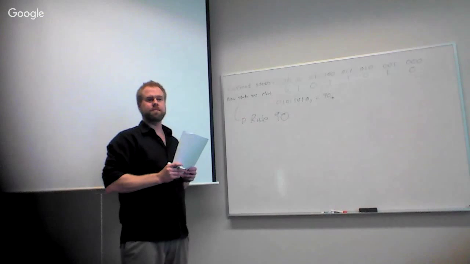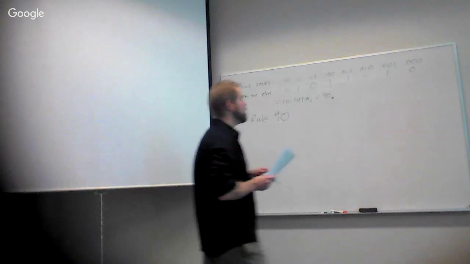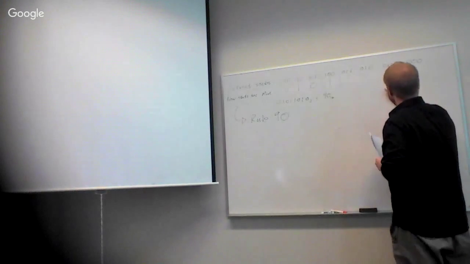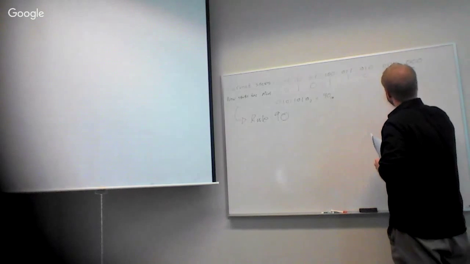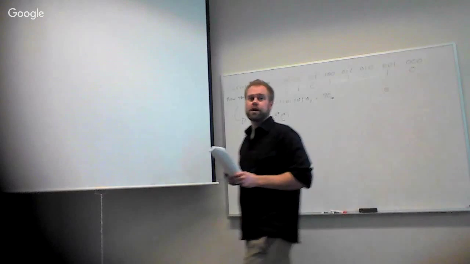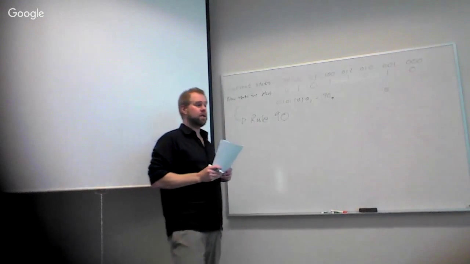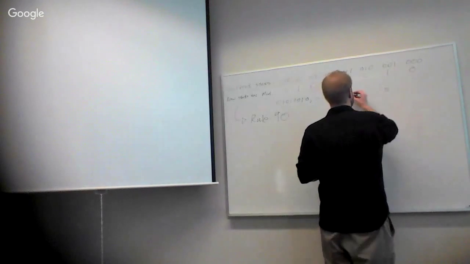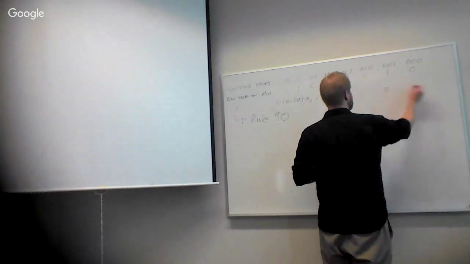Cool. So let's predict what this is going to look like. To do that, there's a very neat pattern we can generate. Let's take everything to be off except for one cell here. So this is at t equals 0, and everything else is off.